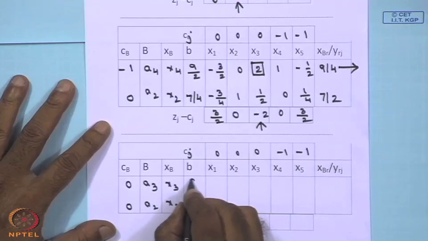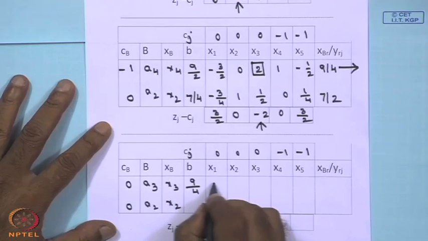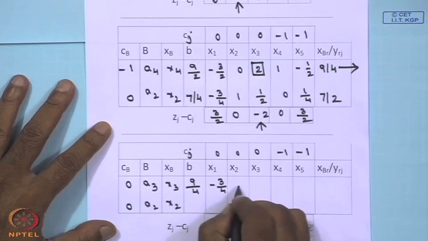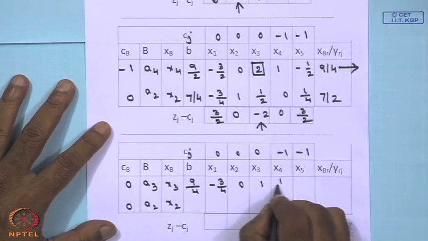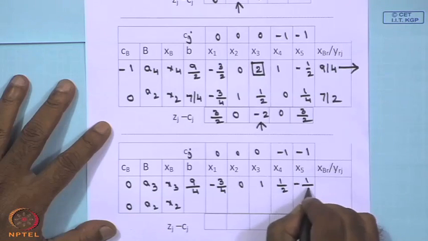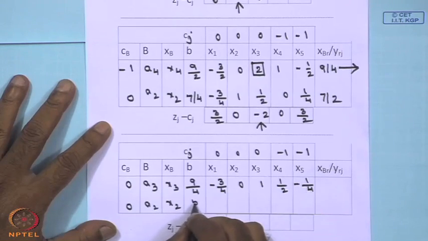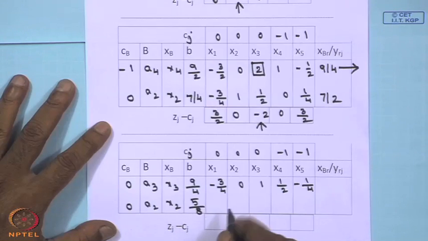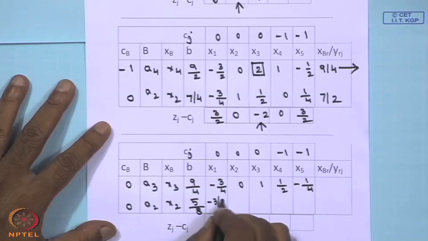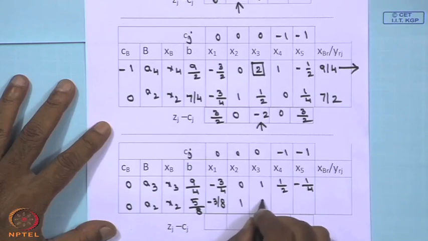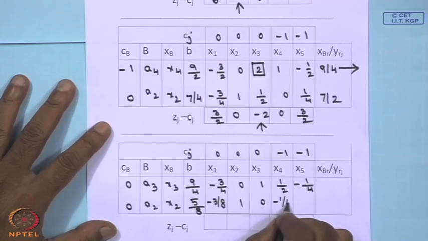So, you will obtain 9 by 4, minus 3 by 4, 0, 1 half, minus 1 by 4. This will be 5 by 8, minus 3 by 8, 1, 0, minus 1 by 4 and 3 by 8.